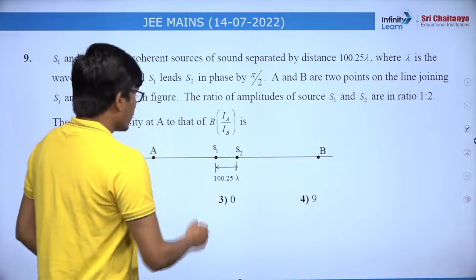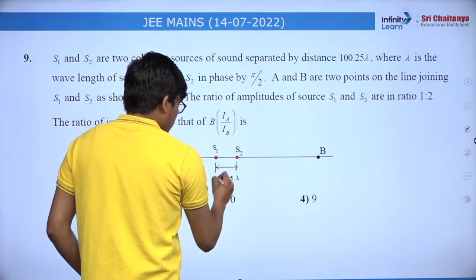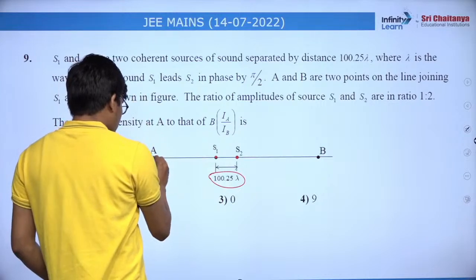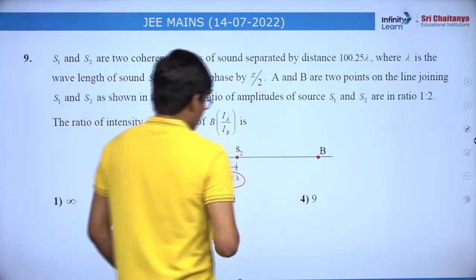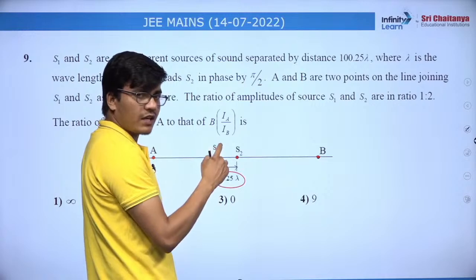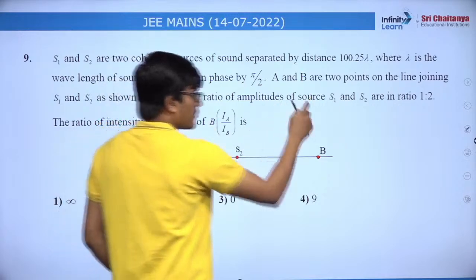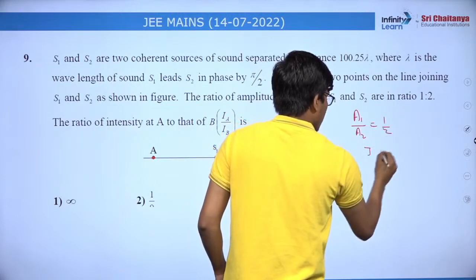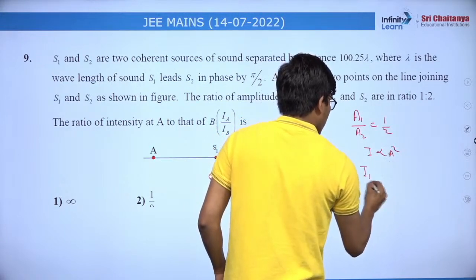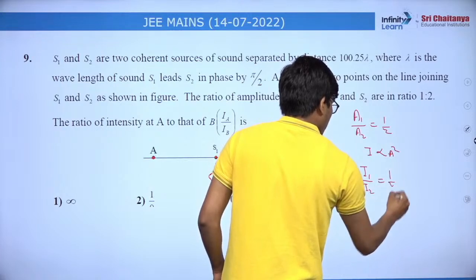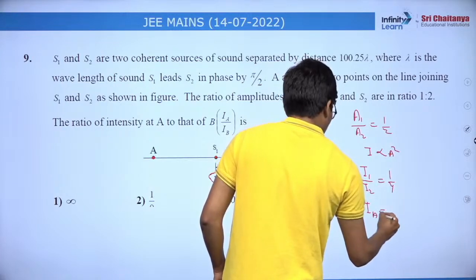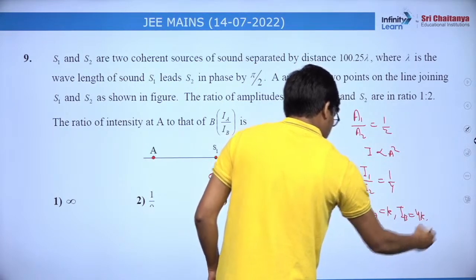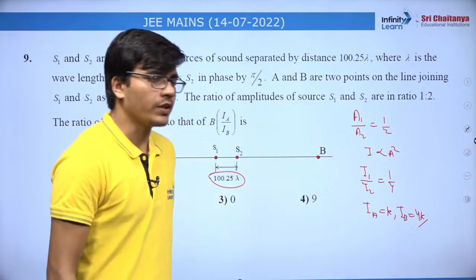Okay, so there are two sources and the distance between these two sources is given to you, and you are having 2 points, one is this, other is this, and the wave amplitude is given in the ratio of 1 by 2, and you know intensity is proportional to A square, so the intensity ratio will be 1 by 4. So if I assume the intensity of S1 as K, the intensity of S2 will be 4K. That is given in the question.